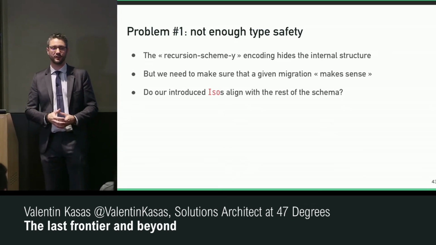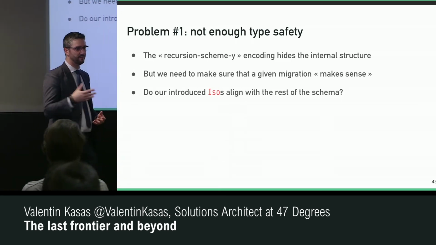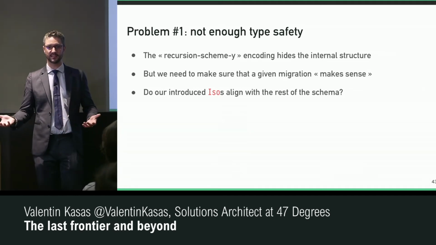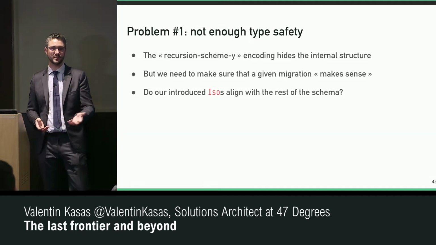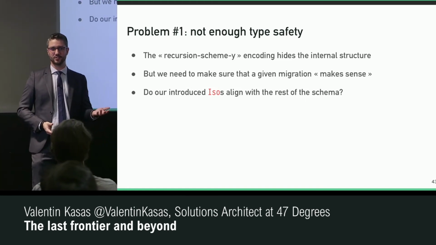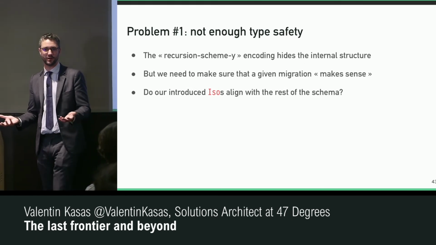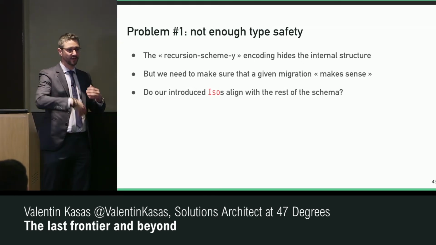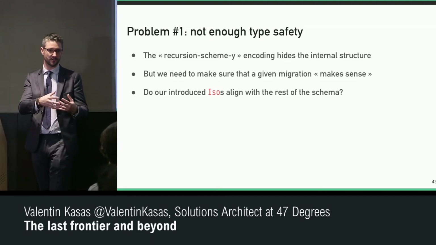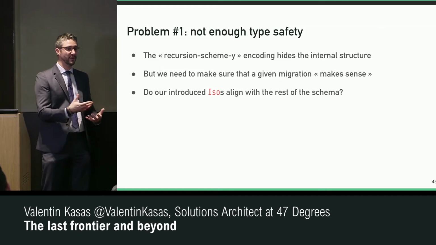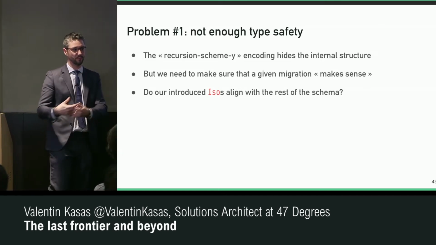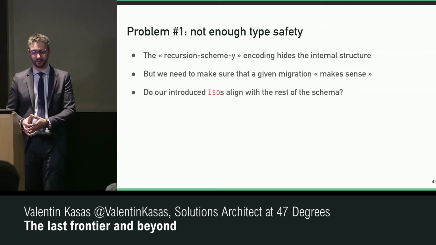But if I want to be able to verify at compile time that some migration defined by the user makes sense, for example, if you tell me that you've added the field age to a class that doesn't have the field age, the compiler should raise an error. But because we don't have the structure of the schema at the type level, the compiler doesn't have enough information to verify that the migration you want to apply actually applies to this type.